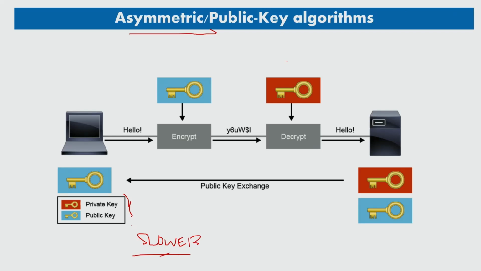For asymmetric algorithms, the typical key length range is 1024 to 4096 bits. Here we also talk about the DSA, or the digital signature algorithm. We also have RSA, ElGamal, and the elliptic curve algorithms as examples.